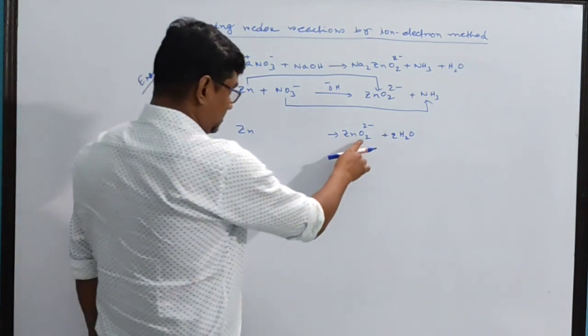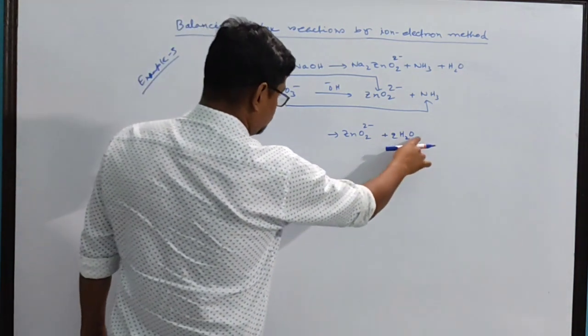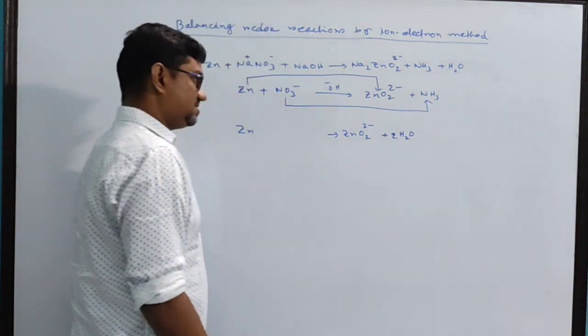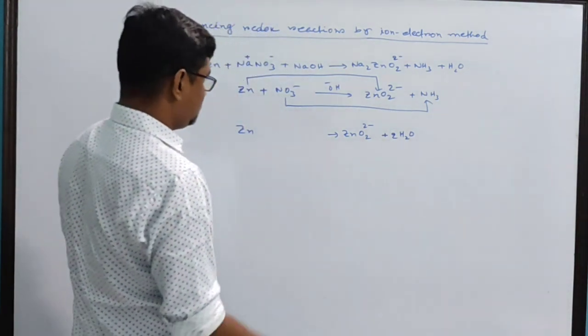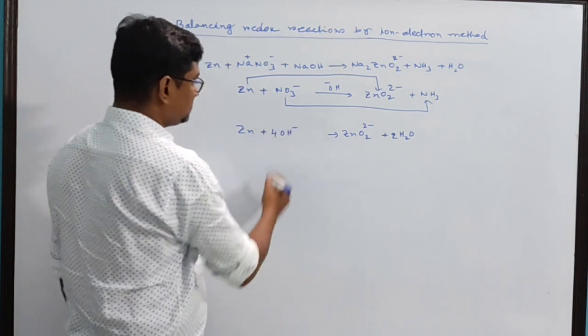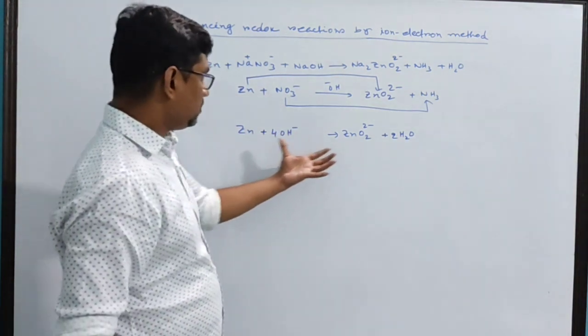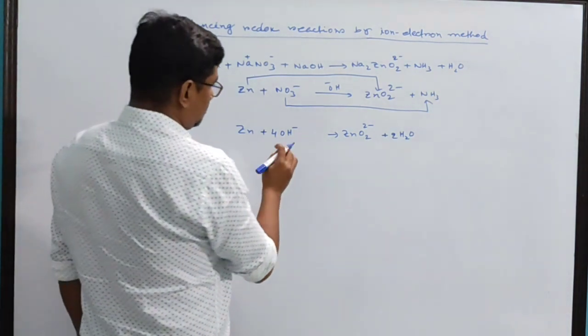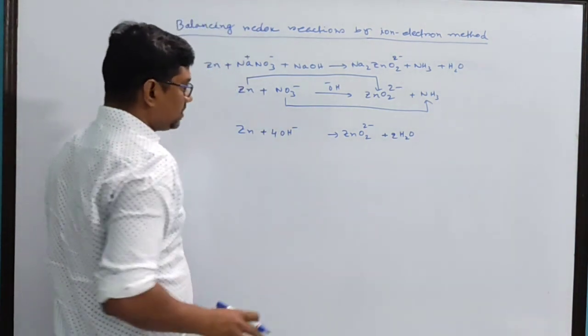Now you see 2 oxygen and 2 oxygen means 4 oxygen atoms and 4 hydrogens are extra in the right hand side. So for that, if we add 4 OH minus ions, these will balance all the atoms in both sides. Okay, now we will look at the charge.